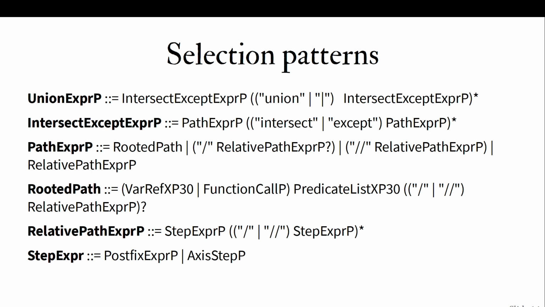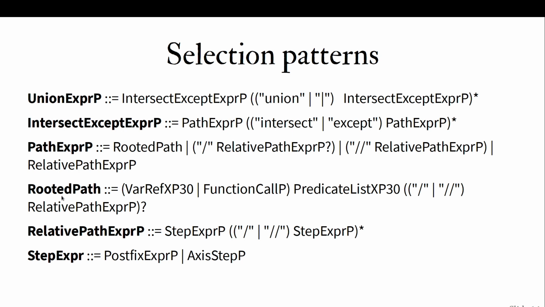And if we look at a rooted path, which is the fourth line here, then we see it's a variable reference, which will begin with a $ sign, or it's a function call followed by an optional list of predicates, the things in square brackets, followed by an optional relative path expression.